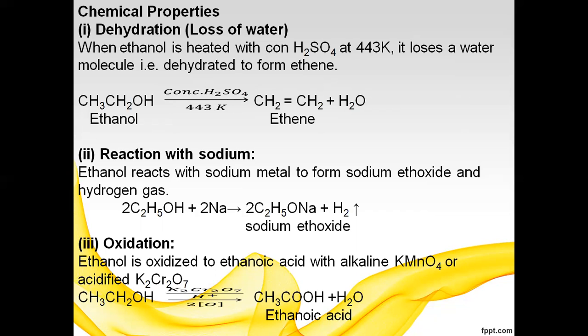Next is reaction with sodium. Ethanol reacts with sodium metal to form sodium ethoxide and hydrogen gas.